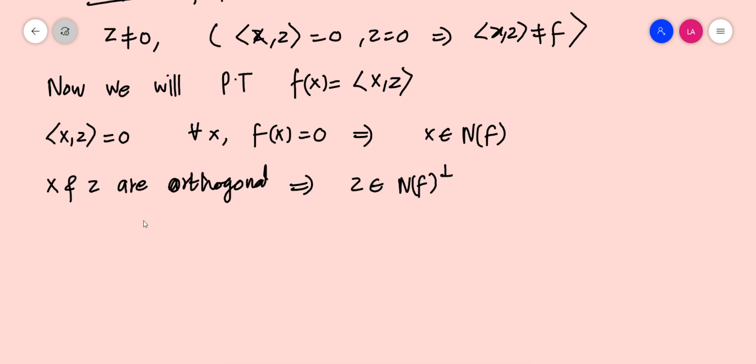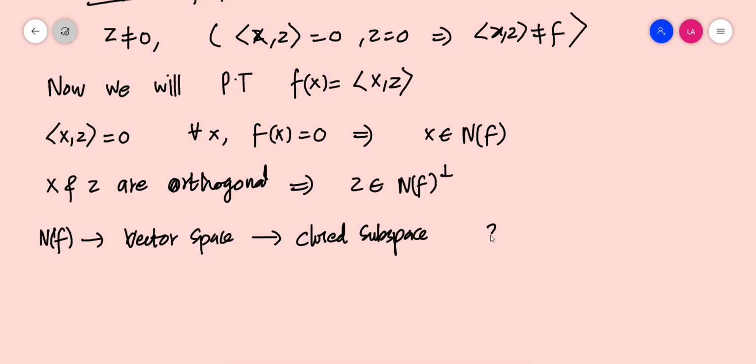Okay. Now we have already established that for a linear functional, N of f is always a vector space, actually a vector subspace, and it's a closed subspace. Refer to theorem 2.6.9 and 2.7.10.